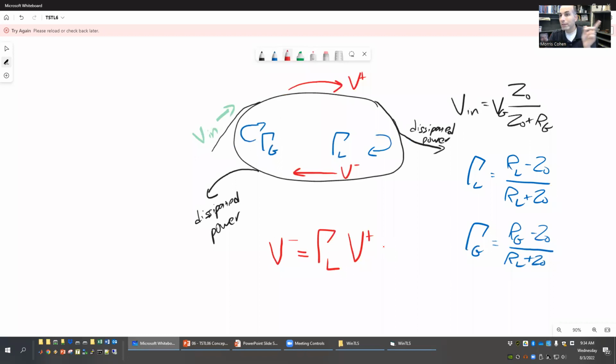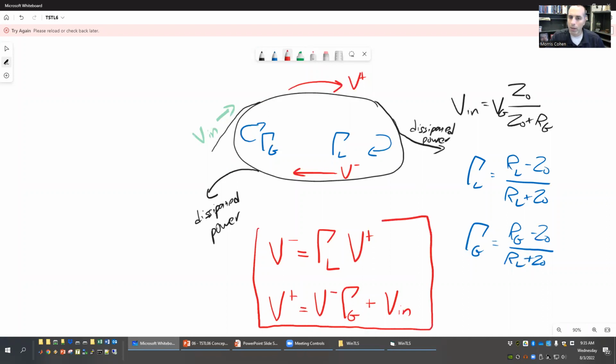So even if V positive consists of many waves superimposed, the sum total, each one reflects off the reflection coefficient. So this all scales. We also know that V positive will be equal to the negative going voltage multiplied by gamma G. We've got the negative voltage that reflects and becomes V positive, but we have to add our V into it. So these are basically our two equations that help us figure out what V positive and V negative are.